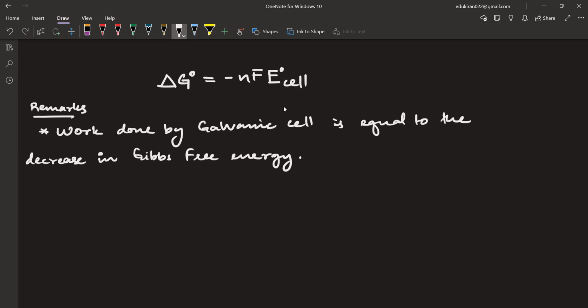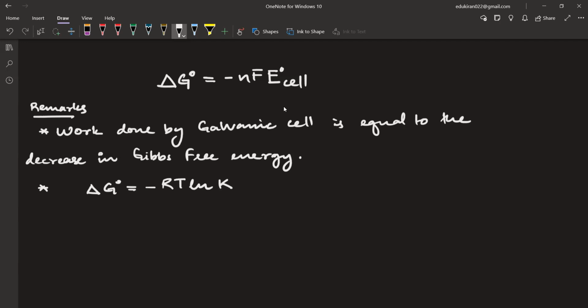Okay, and if you look at the relationship between these two, then what you can say? Delta G naught, it is equal to minus RT ln K.